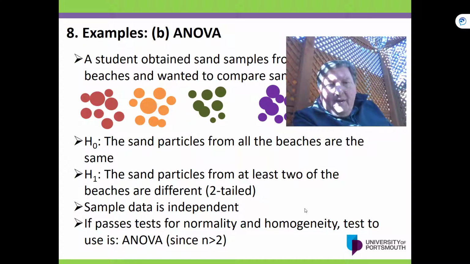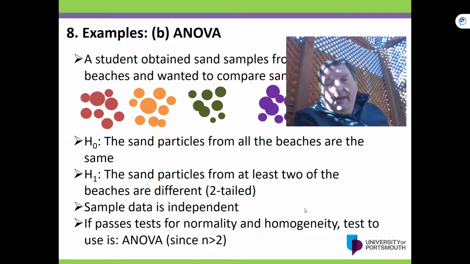So again, we assume the sample data is independent. In other words, we're not mixing any of our samples. Grains from one batch of samples isn't being contaminated into another group of samples. And the next thing is to test for normality, like we've done before, and homogeneity as well.